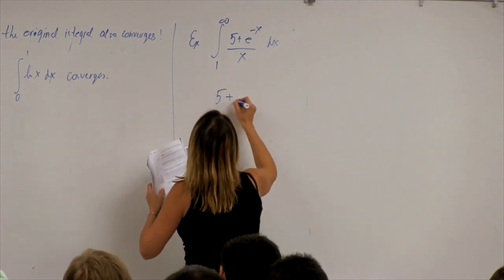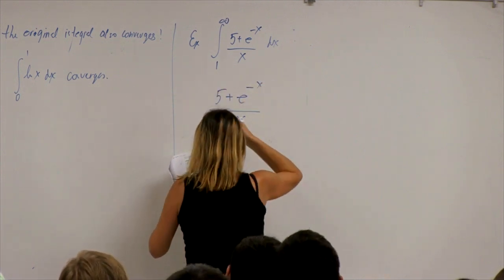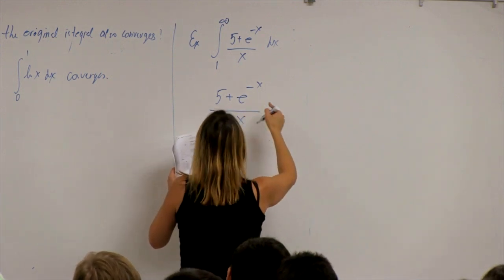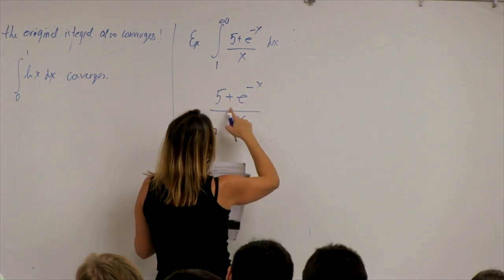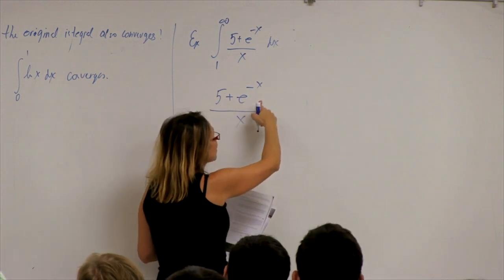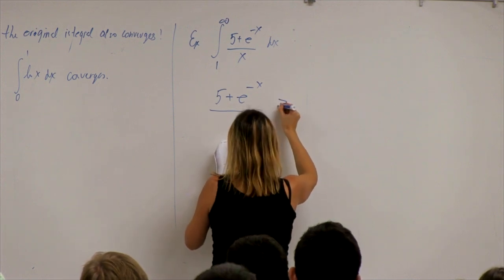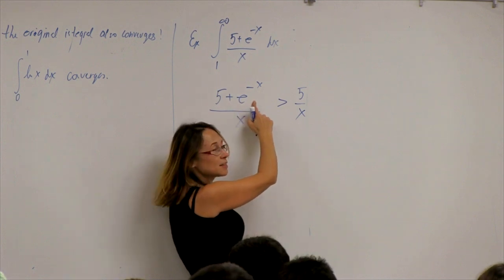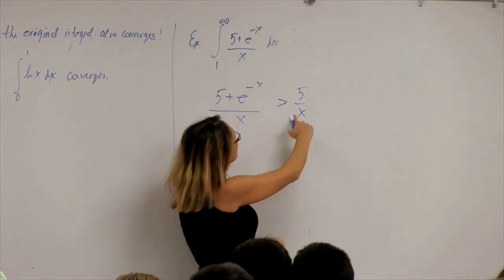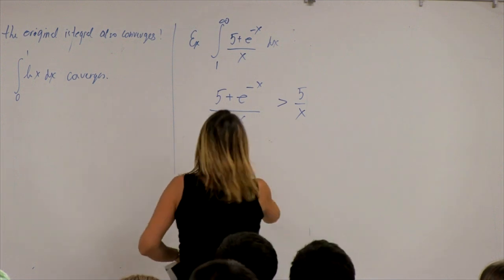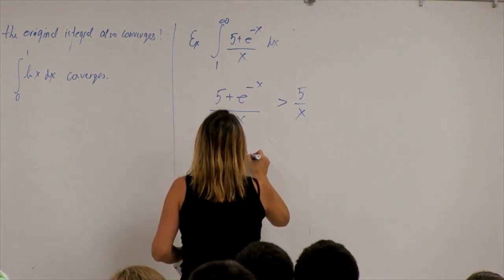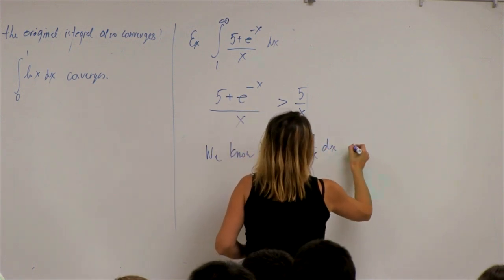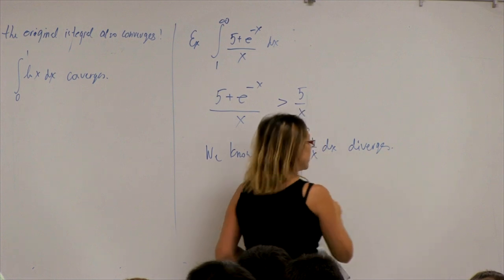Okay. So let's look at the expression. This is not an easy one to calculate. But we know that we can take 5 over x and add something to it that is positive. So this is definitely bigger than 5 over x, right? For this function, we add stuff in the numerator. Here we don't. And this function is very easy. We know that this integral, 1 over x dx, diverges, right?